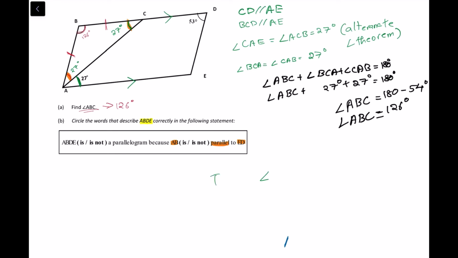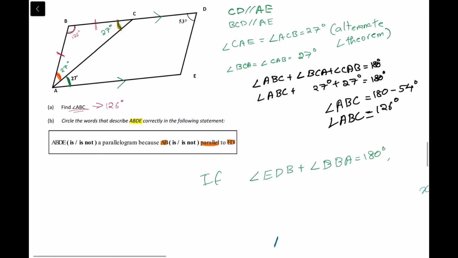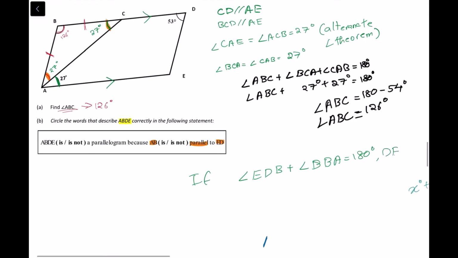So what I was saying is, if angle EDB plus angle DBA is equal to 180 degrees, then DE is parallel to BA.